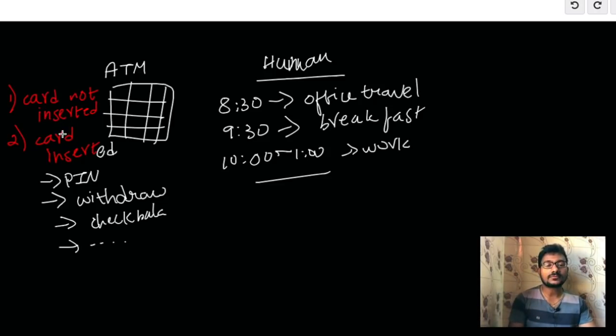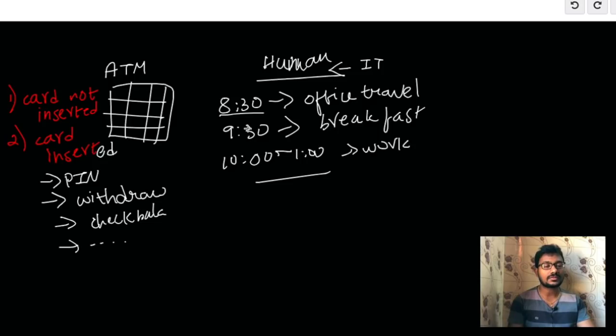So this is one of the real life examples, and here is another. If we consider human life, it also falls under the state design pattern. If this human is an IT professional, he always does some work, some behavior, based on time. For example, every day at 8:30 he will travel to office.